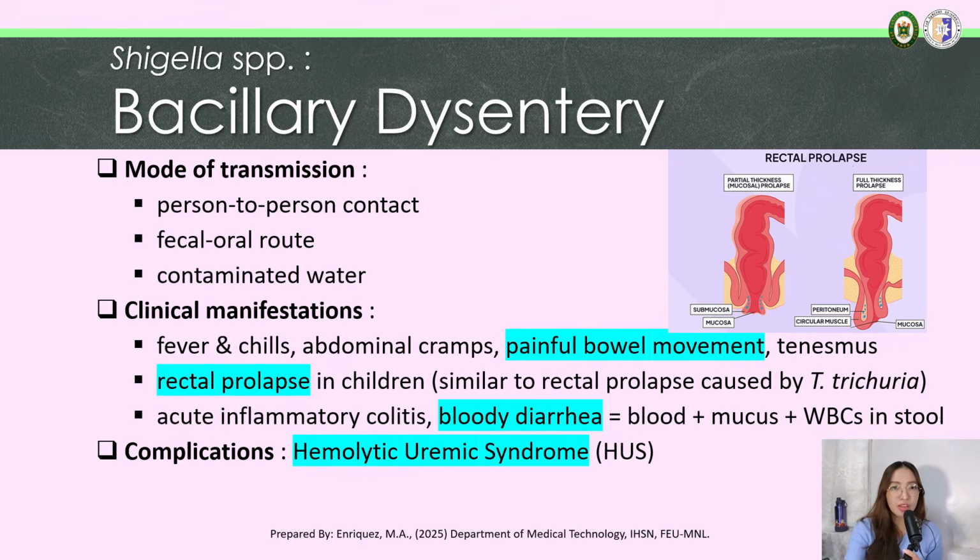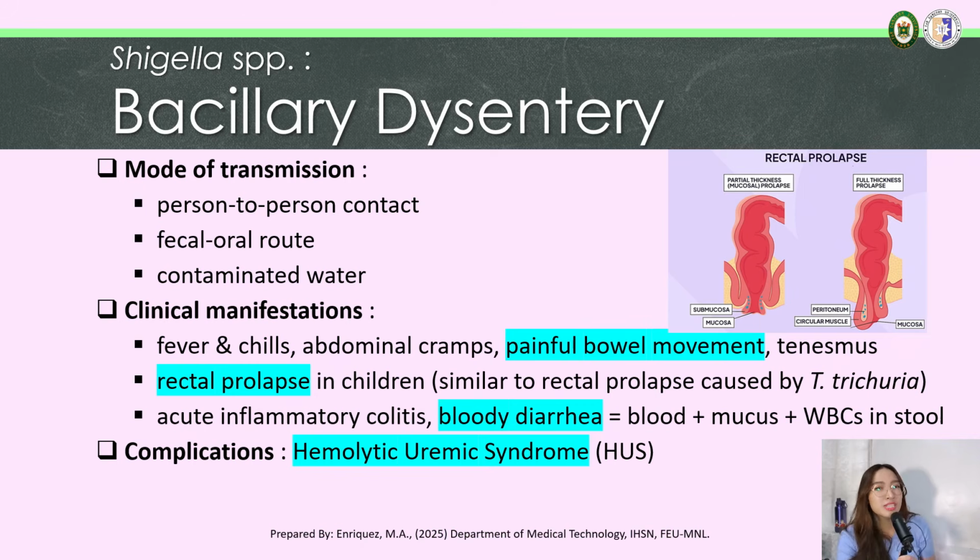Trichuris trichiura has also been documented to cause rectal prolapse among children, which happens when a portion of the rectum protrudes to the outside of the anus, turning itself inside out, as we can see right here in this illustration.